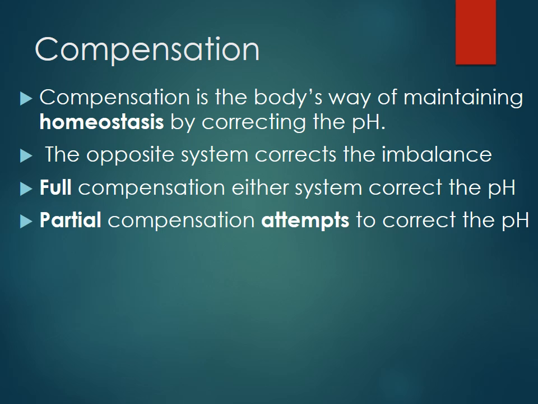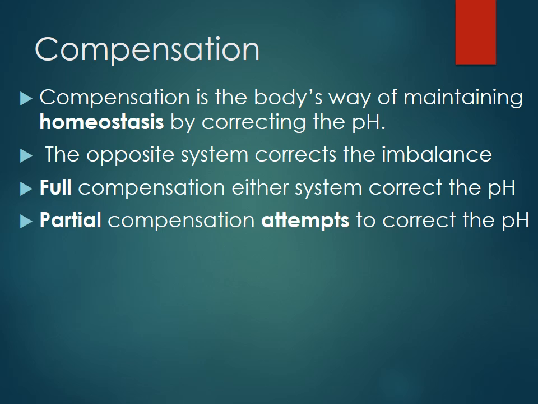When you hear us say full compensation, we are referring to the fact that the pH is corrected, even if the CO2 and the HCO3 bicarb are still abnormal. The pH has gotten back into its normal range. Okay, I'm going to say that again because I do know that I speak fast.